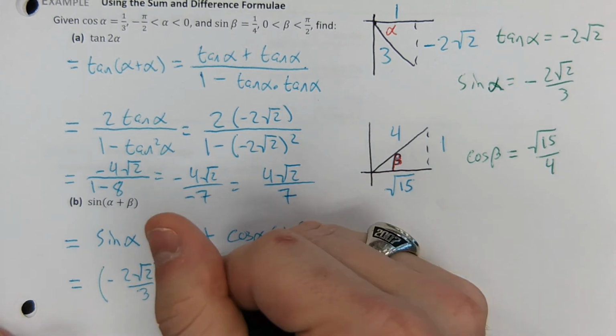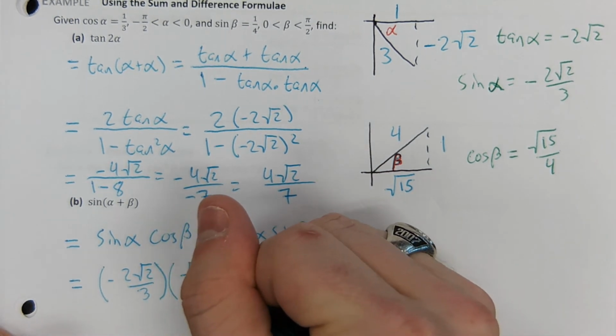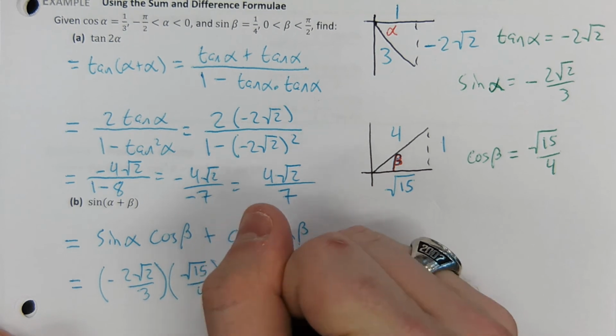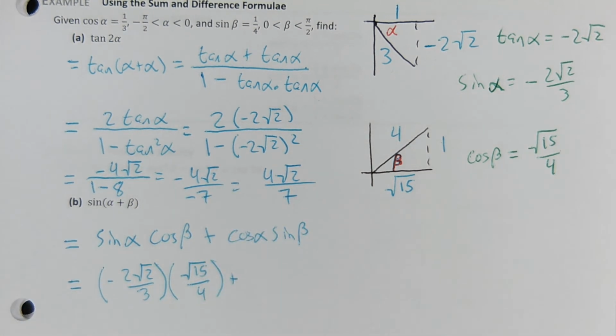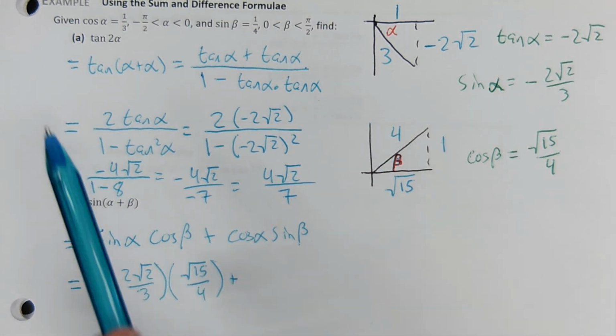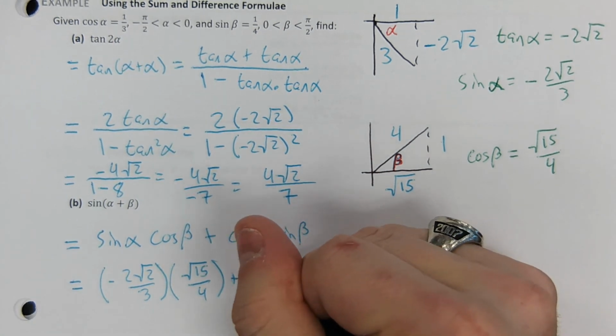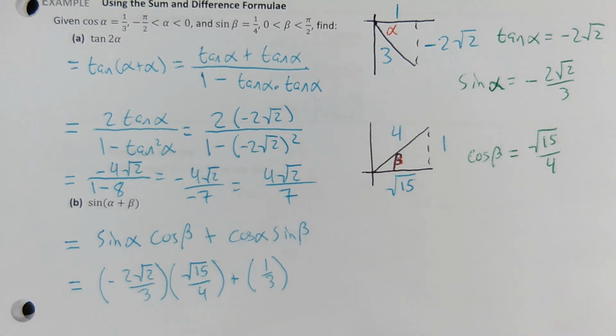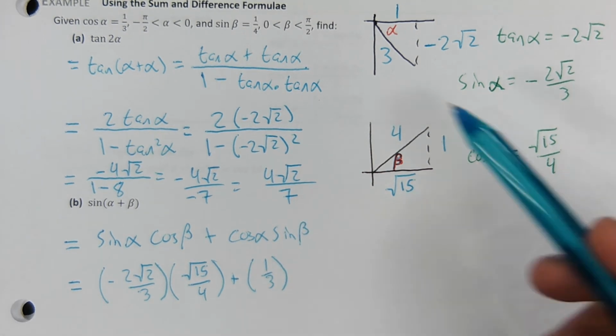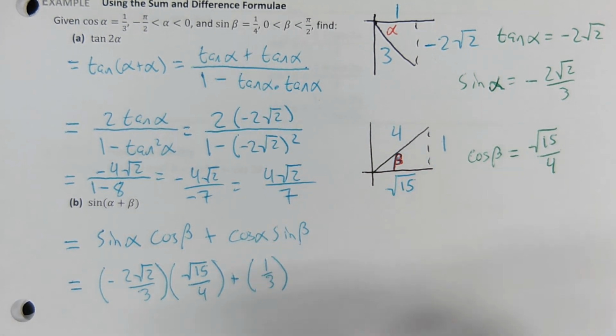Root 15 over 4. Cosine alpha, that was handed to us. It's right there. It's 1/3. And sine of beta, also handed to us right there, 1/4.